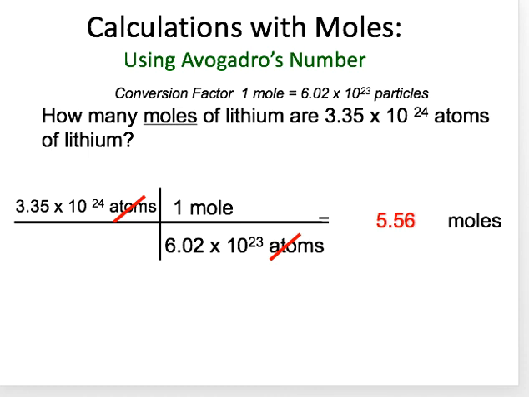If you put it in wrong, you're probably going to get 5.56, but with this enormous times E to like the 47th, 48th or something. So just be really careful. Call me over, I'll help you learn how to put it in your calculator. So here we go, 3.35 times 10 to the 24th, and here's our conversion factor, which comes directly from there. This time it's on the bottom, so we can cancel and go to moles.